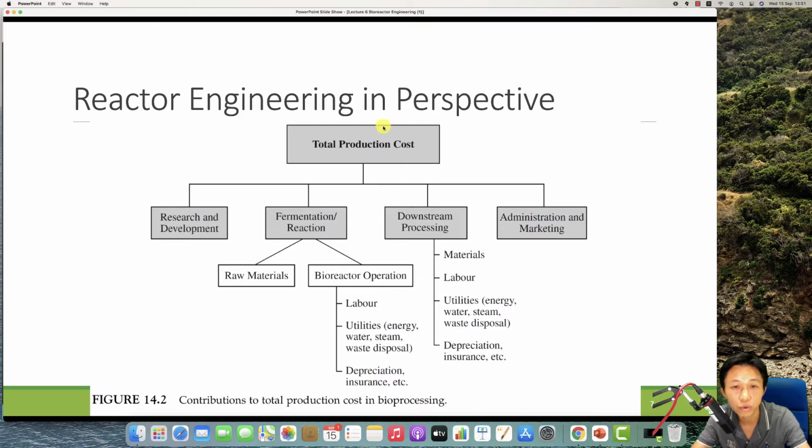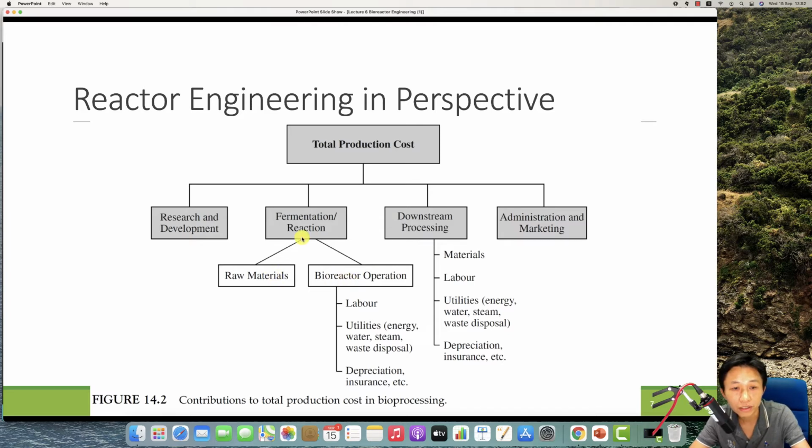Okay, the total cost is from several sectors inside the company, like R&D, research and development, and then manufacturing. This comes with our subject, which is bioreactor. See this one.